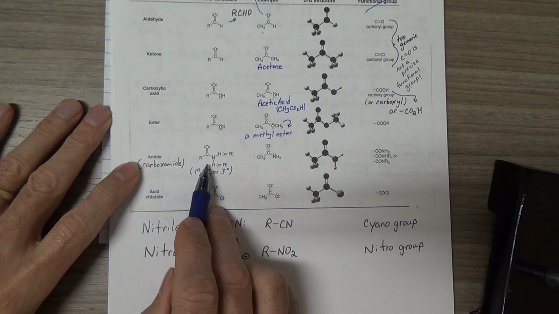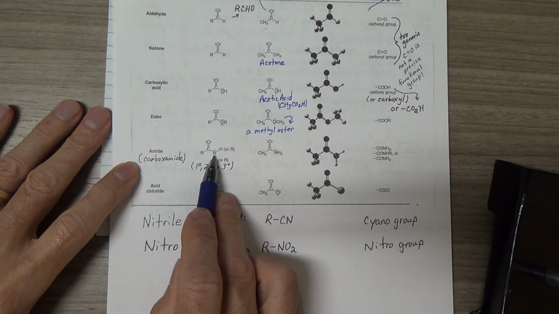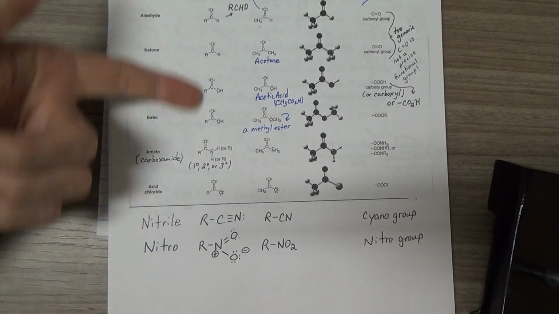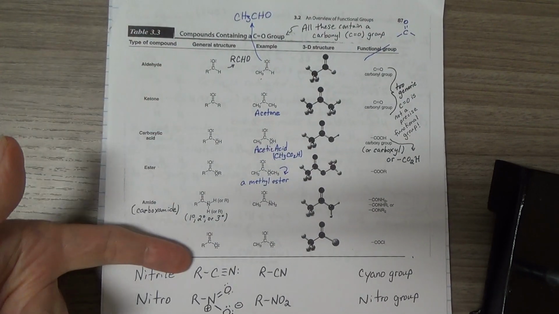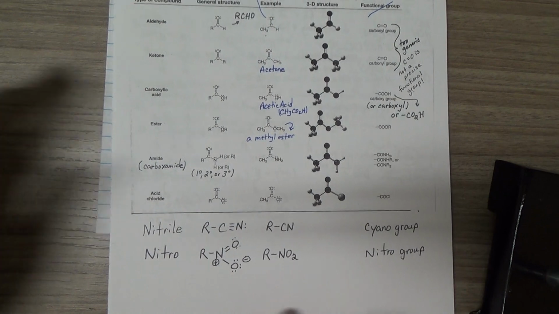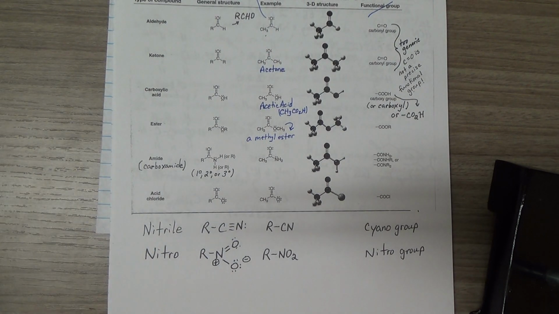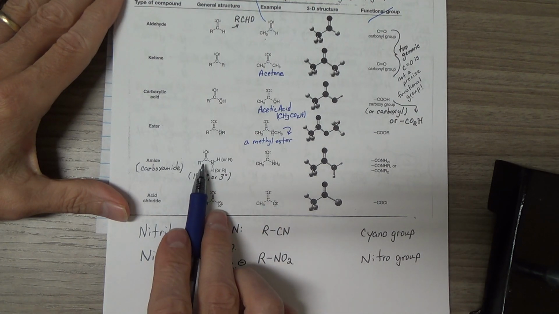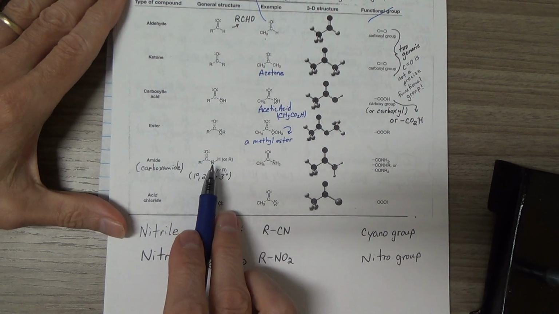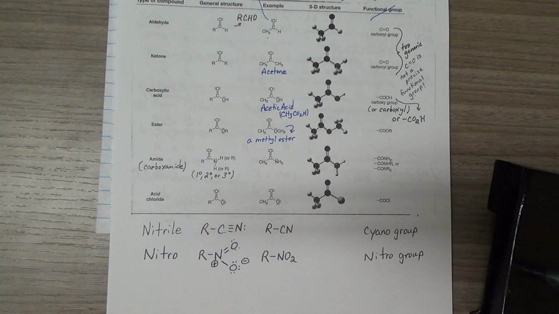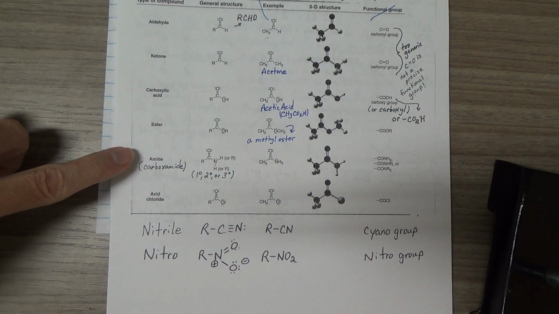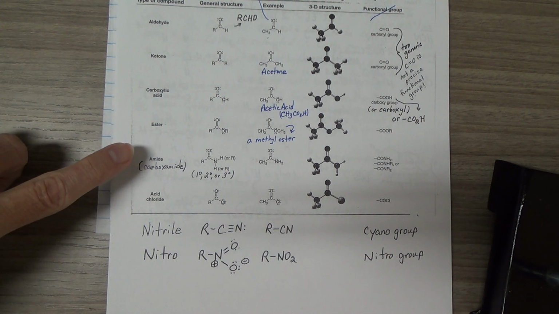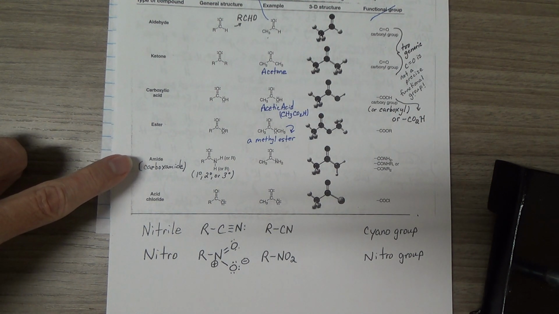Okay, let's move to a carbonyl bonded to a nitrogen. All right? All these have R groups on one side. You see that's consistent? We're really looking at what's on the other side. The other side is nitrogen. This is called an amide. Now, amide can be pronounced like that, or some people will say it differently, or some people will say it yet another way.